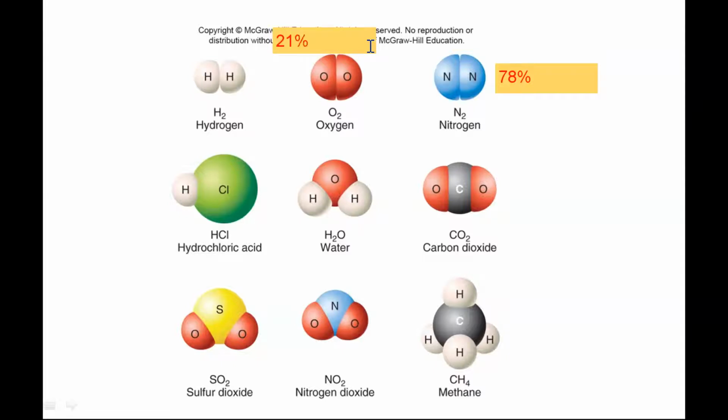So this is how much oxygen we have. Most of the air is nitrogen. Oxygen is 21%. We will also have water vapor, and water can be present in the air, and the quantity will depend on the relative humidity.